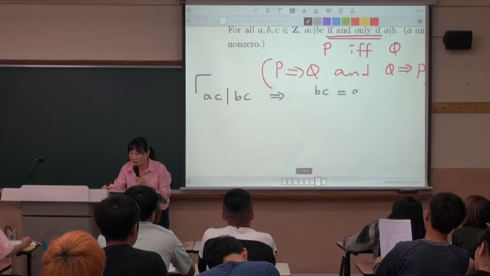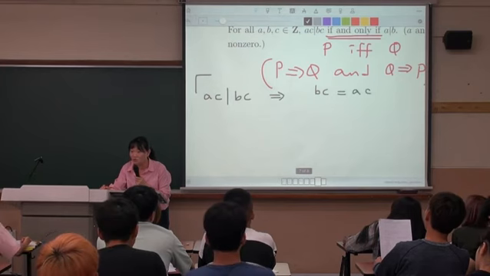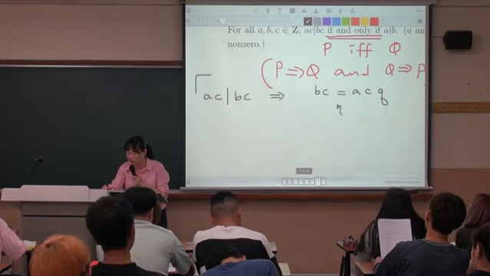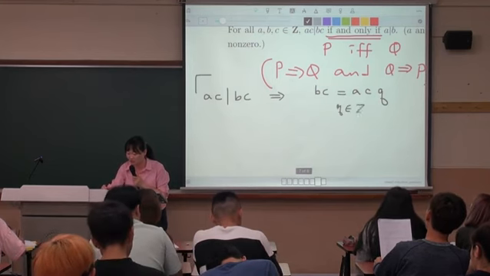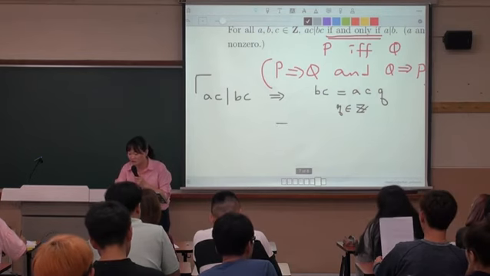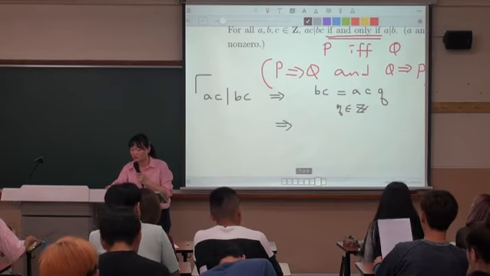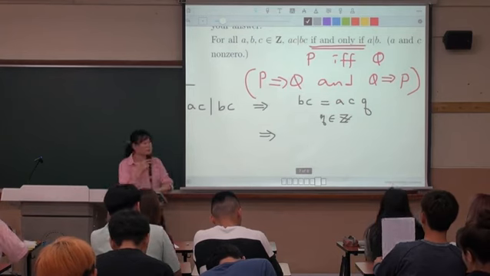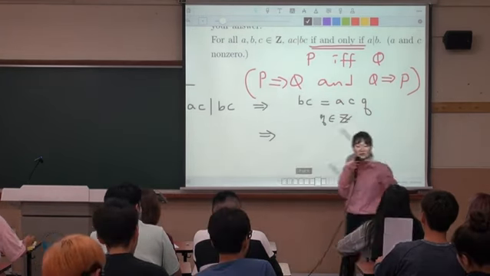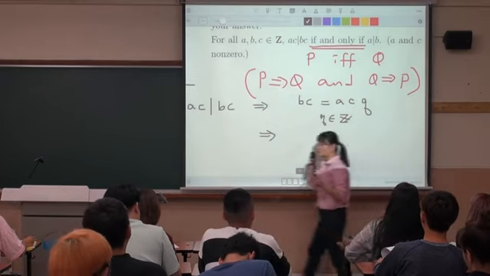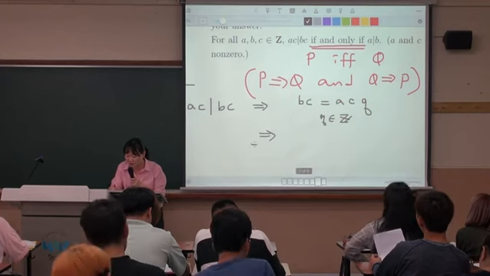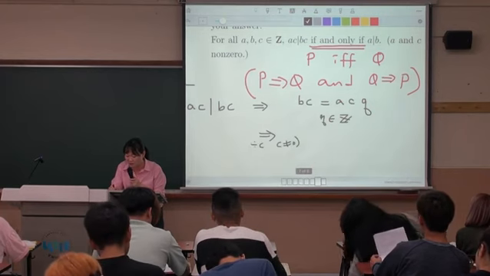BC is ACQ. Definition. Q in where? Z. Definition. 됐죠? 자, C를 어떻게 하고 싶어요? 나누고 싶어요. Can I divide by C? Yes. Why? C is non-zero, right? So divide by C, because C is not zero.